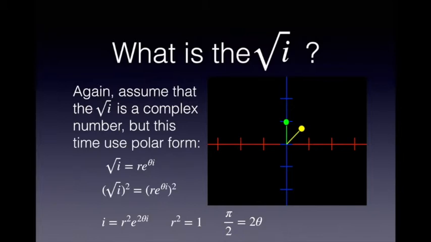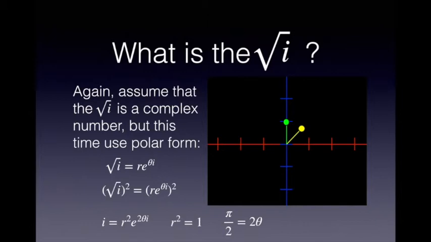Now, what about the angle? Well, i has an angle of 90 degrees, or pi over 2. And the angle of square root of i, we don't know it yet. But we do know that if we multiply it times itself, the angles have to add to pi over 2, because when we multiply complex numbers, the radii multiply, but the angles add.